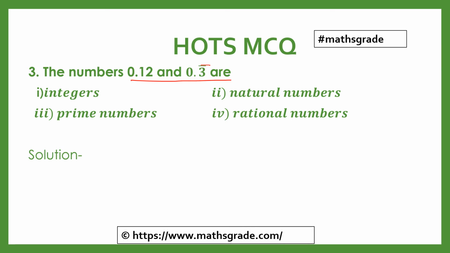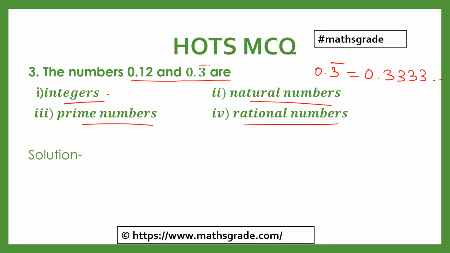After the decimal point, 0.3 bar means the number 3 is repeated. The options given are integers, prime numbers, natural numbers and rational numbers. Among these options, we have to find out which kind of numbers 0.12 and 0.3 bar are.